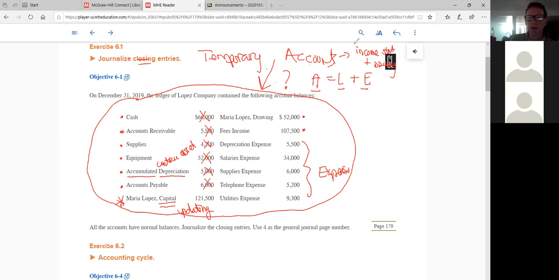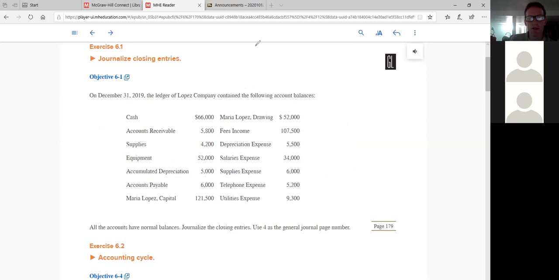So what I'll do now, here's how I would typically do it in class. I'd say, okay, if we're going to do the closing entries, our first entry is number 1, we're going to close out the revenue account. In this case, we only use 1 revenue account, which keeps it nice and easy. And in this case, that would be fees income.